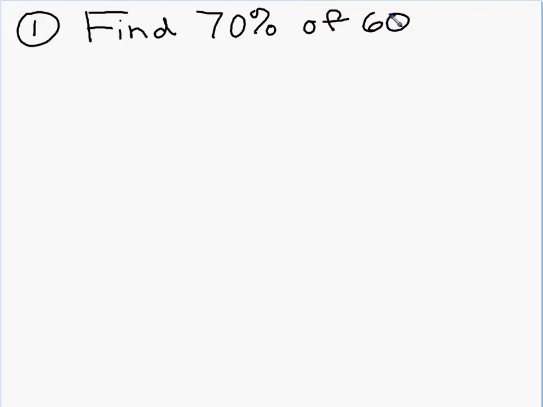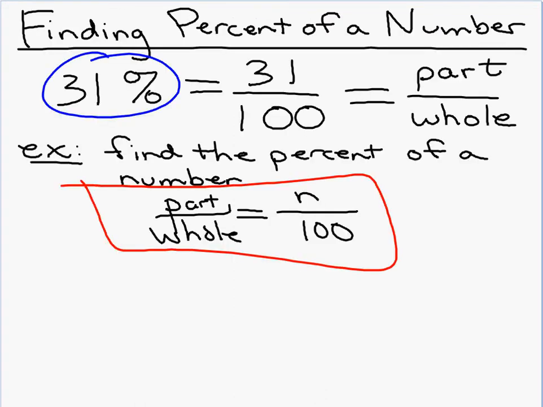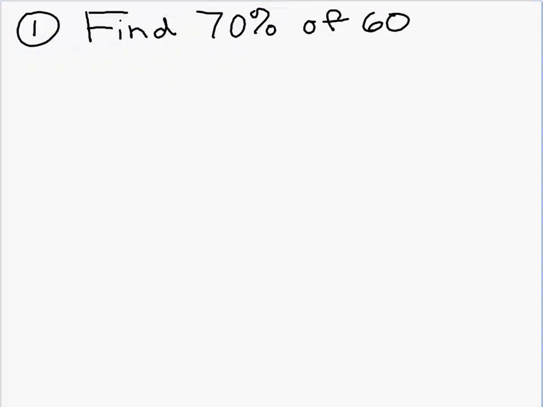The first thing we're going to do is write our relationship, the one I just gave you. Part to whole equals n to 100. And it's okay with me if you abbreviate and put P over W for part and whole. That's fine with me if you abbreviate that way. Part to whole equals n to 100. That will be your first step on every single problem like this.